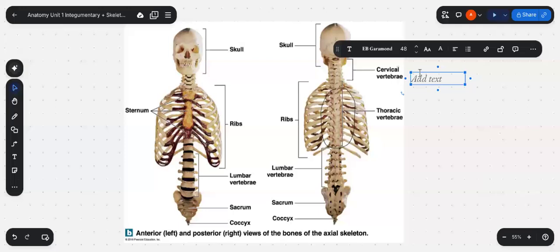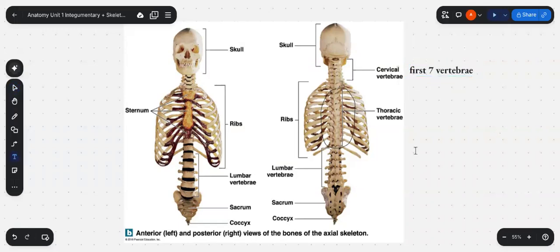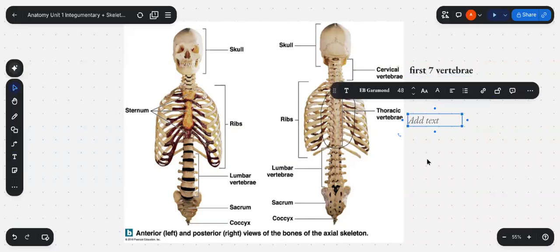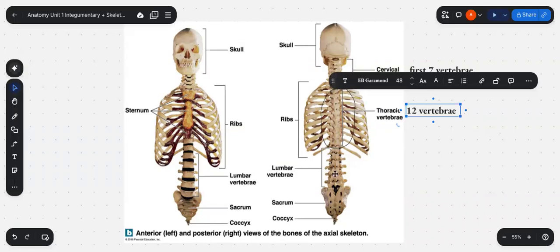Your cervical vertebrae is the first 7 vertebrae, and it's kind of like your neck region, going down all the way to the beginning of the ribs. Then you have your thoracic vertebrae. This is your upper back, and the thoracic region is composed of 12 vertebrae. So 12 vertebrae, this upper back region.